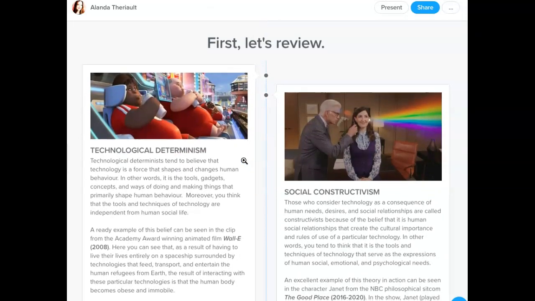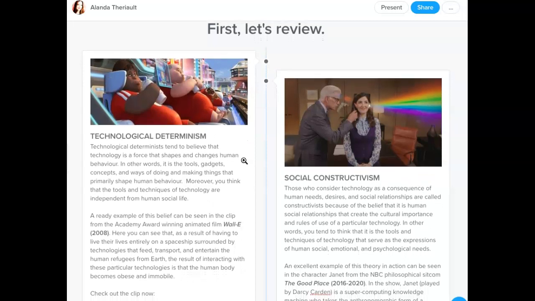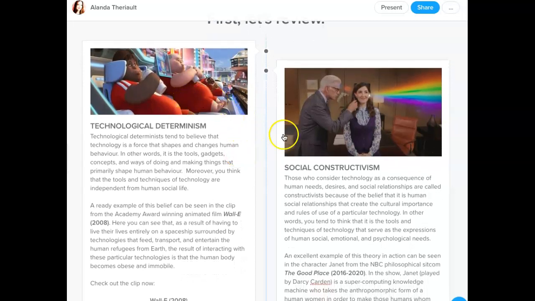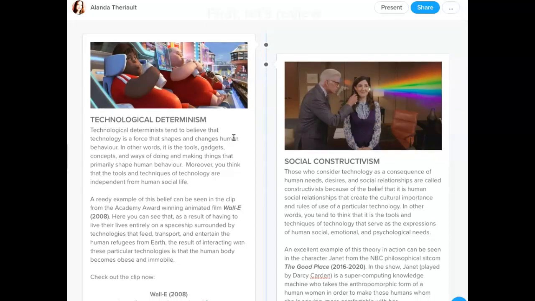What I've done is used a movie and a television program, two of my top 10 favorites, maybe even my top 6 favorite programs of all time, as ways for us to find examples of these theories. And these sorts of theories are really tricky.